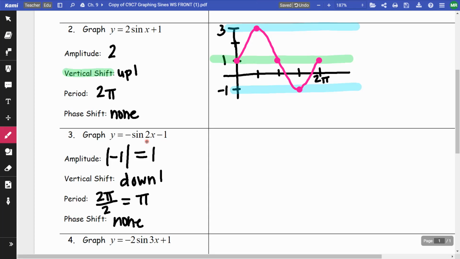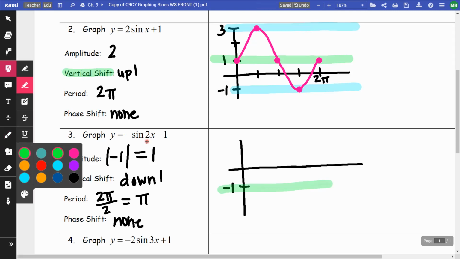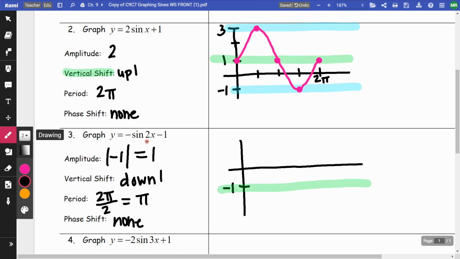So in this situation, when I'm drawing this, I'm going to drop it down to -1. Okay, that is where my zeros are going to be. I'm going to be going 1 above it, which puts me at 0, and 1 below, which is going to put me at a -2.